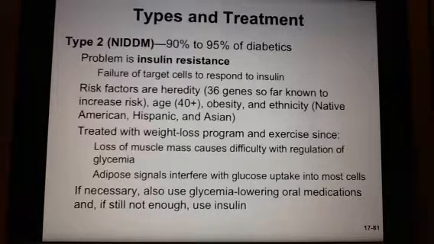This is not treated with insulin unless it's a really dire situation. It's treated first with weight loss and exercise. The loss of muscle mass can cause difficulty with the regulation of glycemia, and then the fat interferes with the glucose uptake. So our first plan of attack is weight loss and exercise, but we can use medications, and the last resort would be insulin.